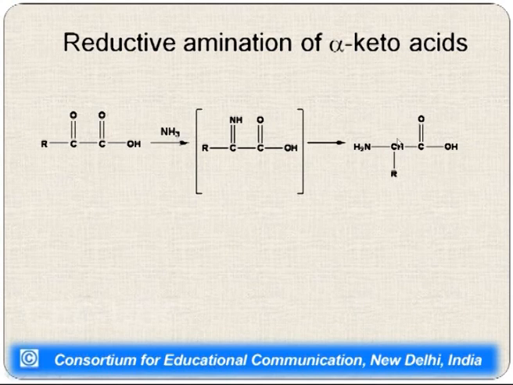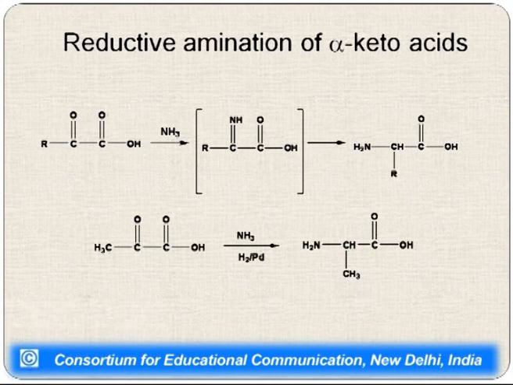You would recall that when we did the classification of amino acids, this R group may be a hydrogen for glycine, a CH3 for alanine, CH2Ph for phenylalanine. If I take an example where R is CH3, I use ammonia, and in the second step I reduce it with hydrogen and palladium.